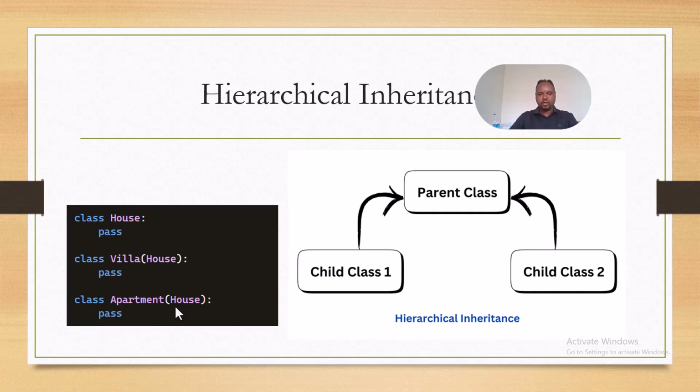Villa inherits something from house, and apartment also inherits from house directly. So hierarchical inheritance is multiple child classes inherited from a single parent class. This is the definition, and the code tells us too, where both villa and apartment are children, whereas house is the parent of both.